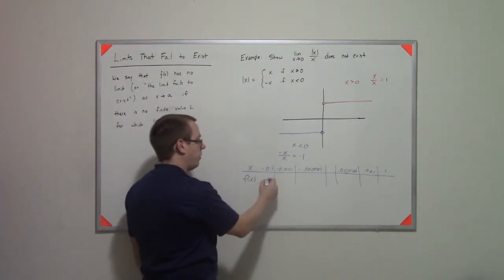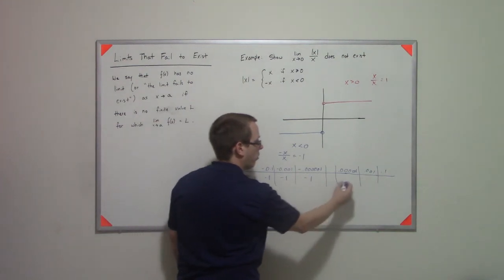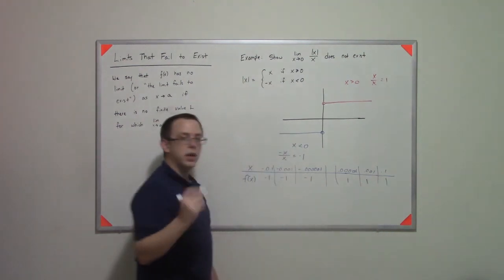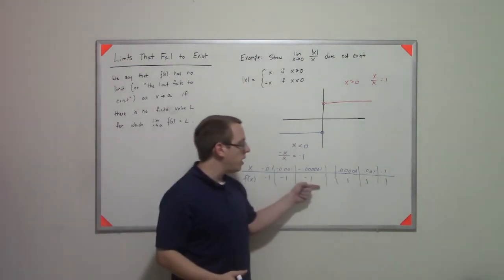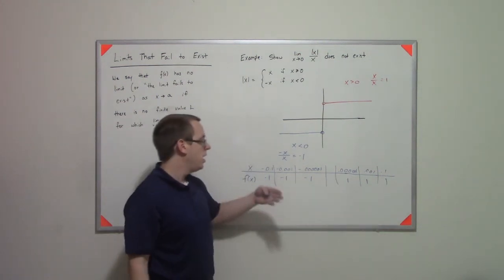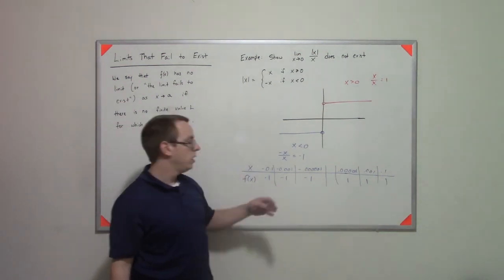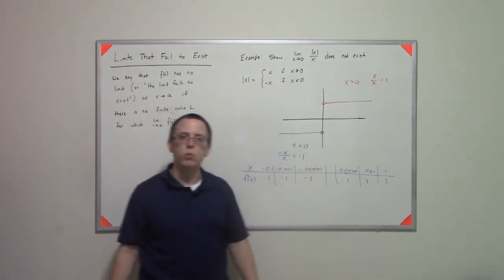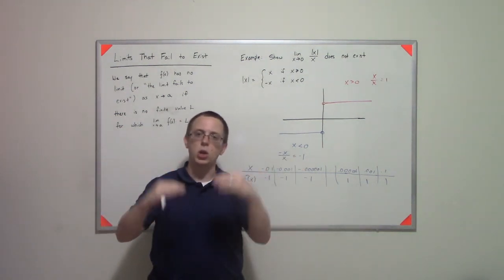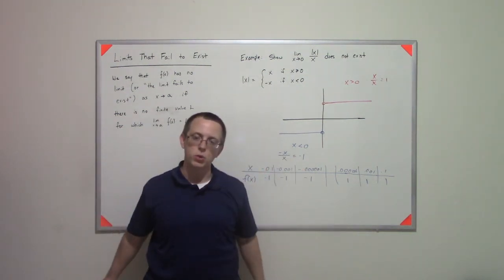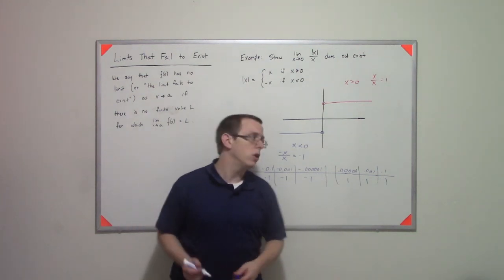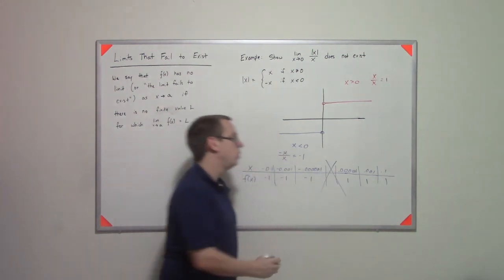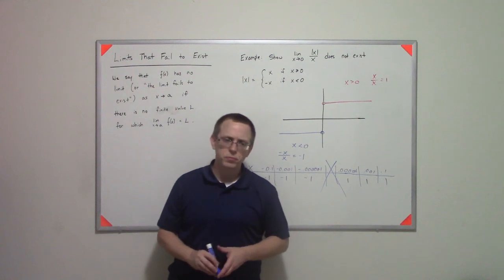In all the negative cases, it's -1, -1, -1, and then 1, 1, 1. It doesn't matter how small you make those values on either side. It's always -1 here, and it's always +1 there. They're not getting any closer. Those values don't converge. So you don't have a limit.